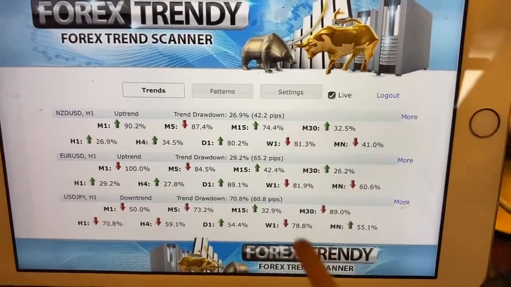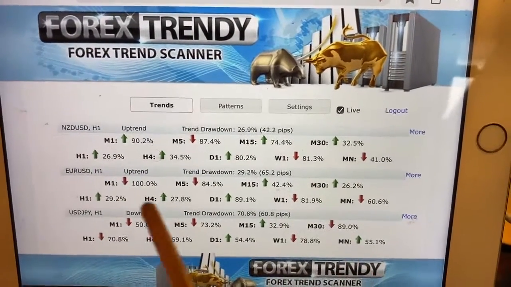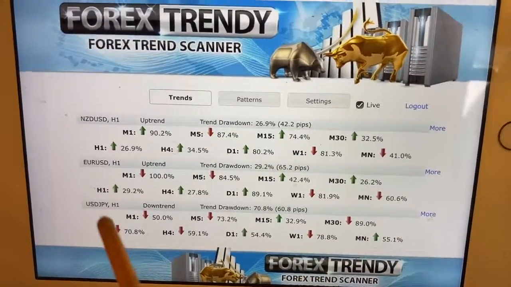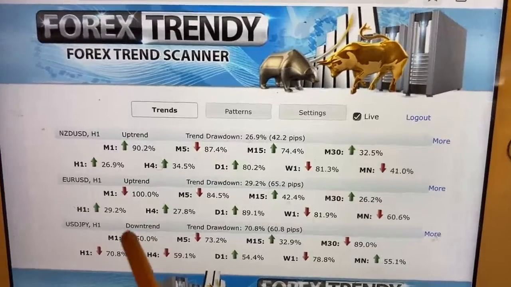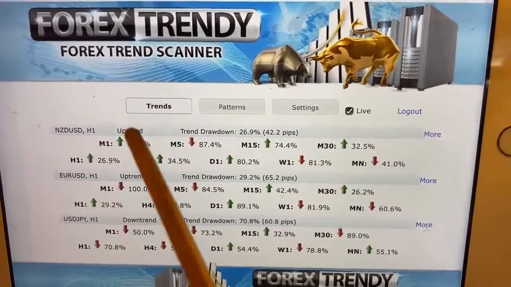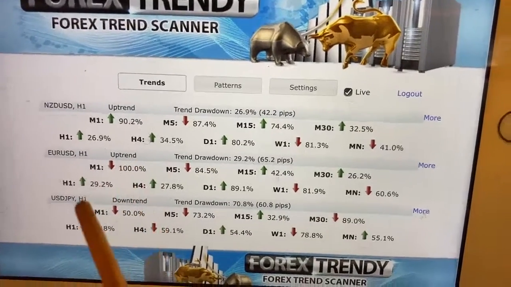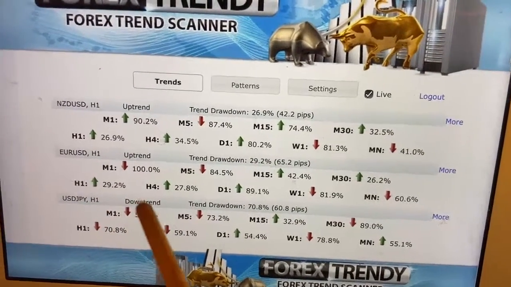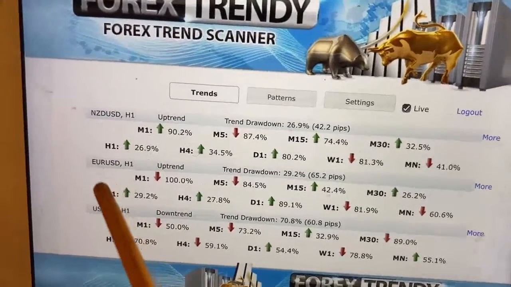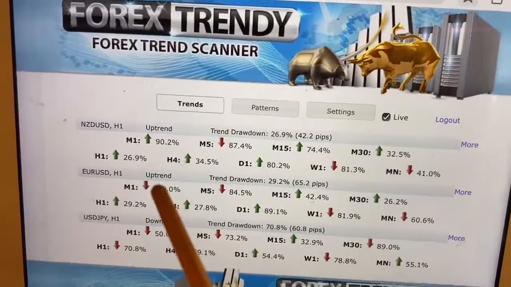Now, when you look at the Forex Trendy, it shows you something about the trend and what you should be looking at without even being on your chart. NU is an uptrend, EU is an uptrend, and UJ is a downtrend. We've been following EU as an uptrend.